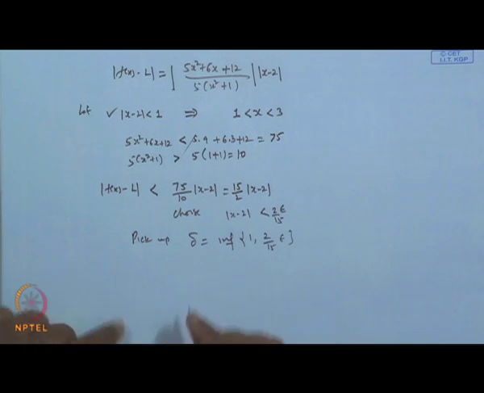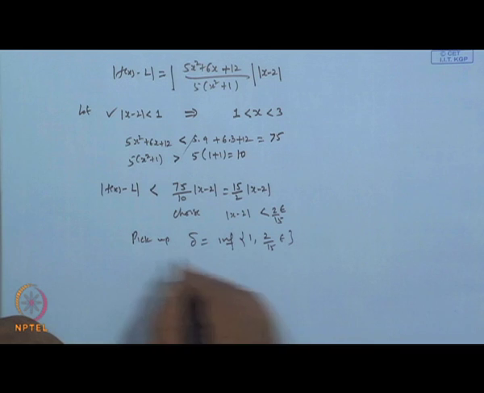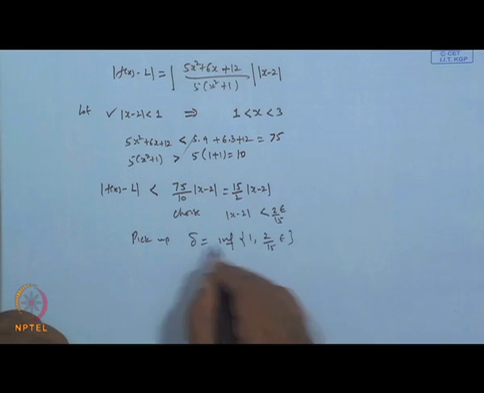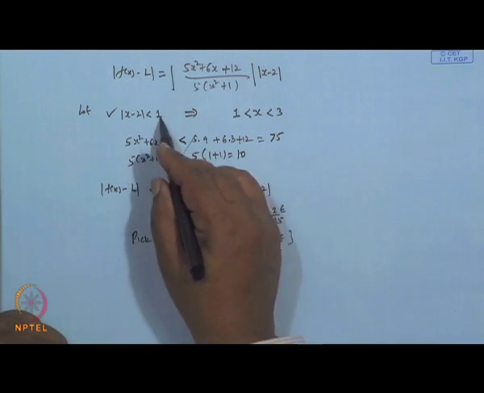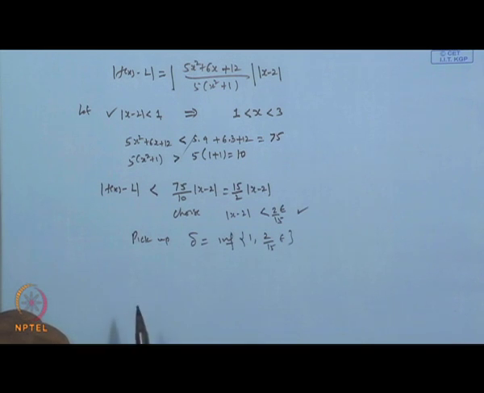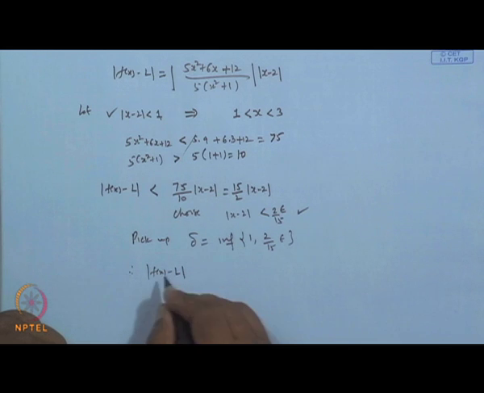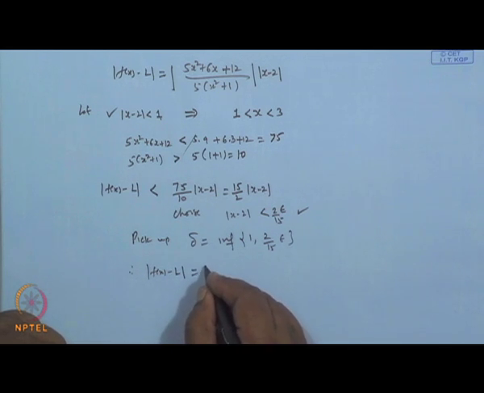Then with this delta, this condition is satisfied as well as this condition is satisfied. Therefore, mod of f x minus L, that is equal to what?